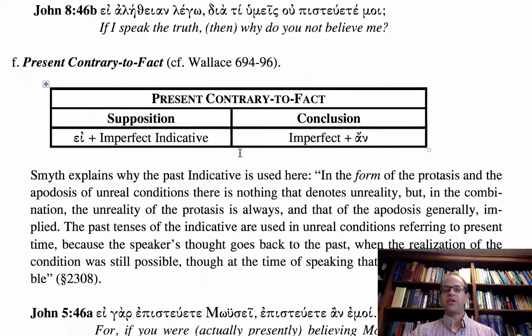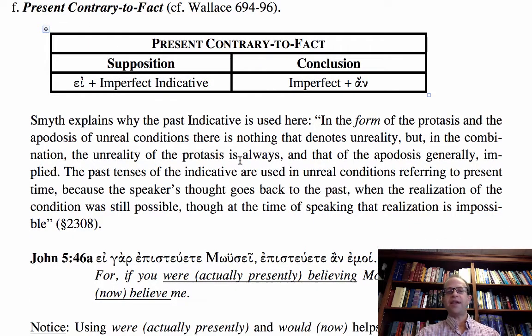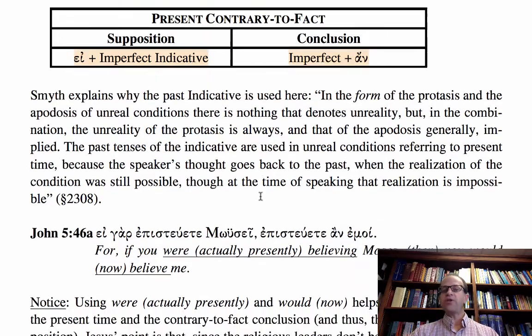Now a really fun condition is the contrary to fact type. And we have a past and a present contrary to fact condition. The present contrary to fact condition is formed with ei and an imperfect indicative verb, and then it's followed by the imperfect tense verb and typically an. These are actually hard to translate.